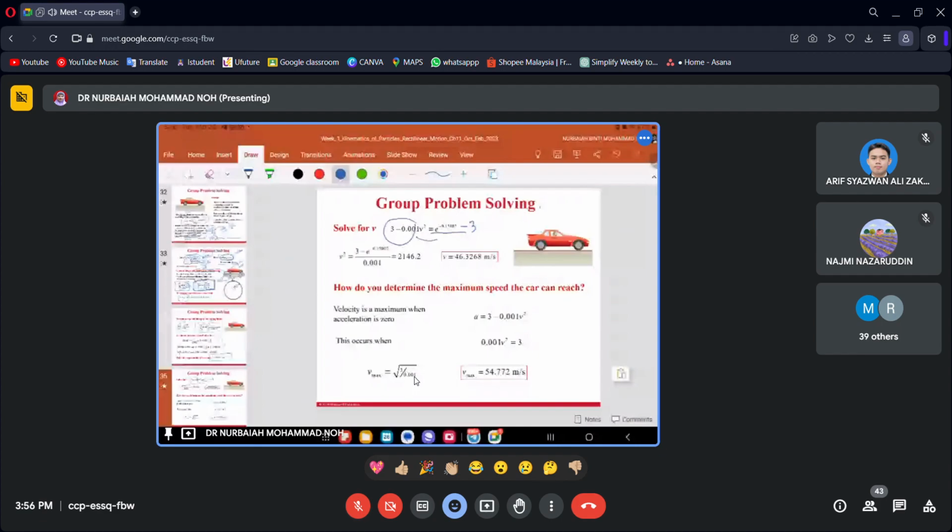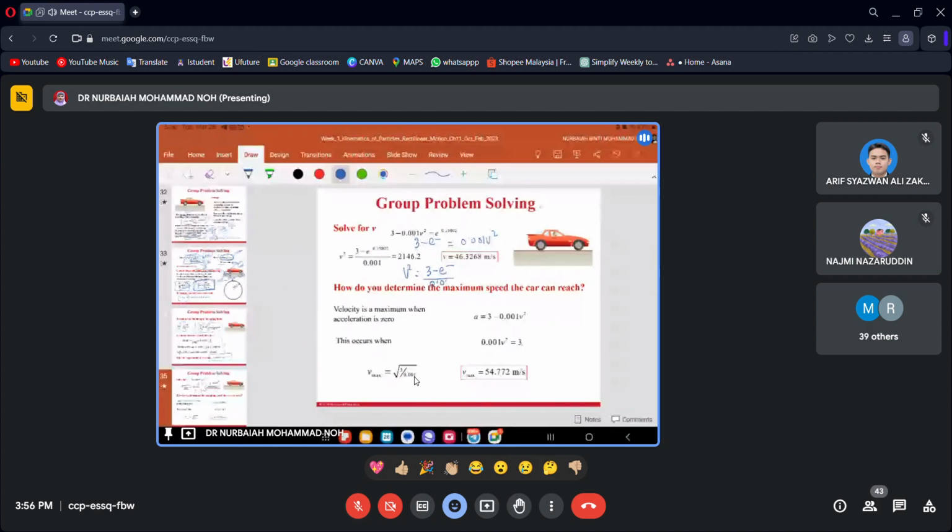Okay, to make it easy, what can we do? We bring 3 minus exponent and so on, equal to 0.001v square. Okay, and then v square is equal to 3 minus exponent over 0.001.